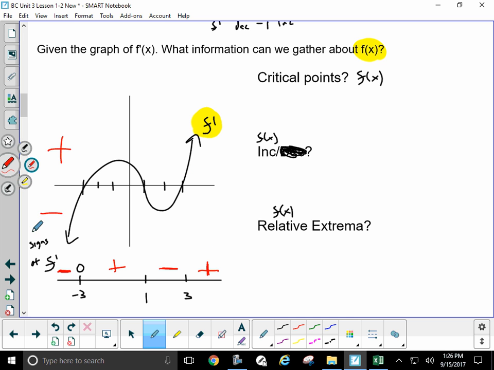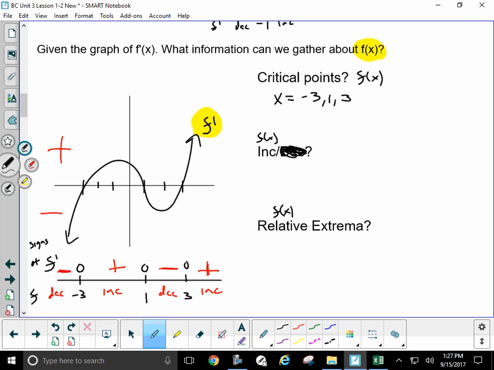That is telling you that the original function f will decrease till it gets to -3, increase from -3 to 1, decrease from 1 to 3, increase after 3. We know the critical points are the zeros. So the critical points of f are at -3, 1, and 3. When is f increasing?